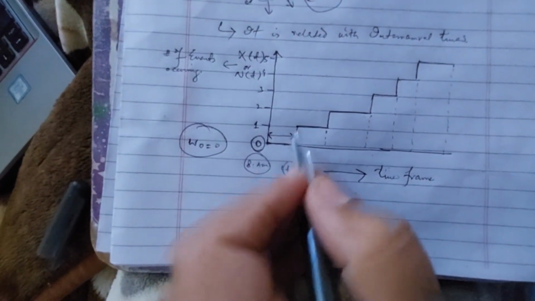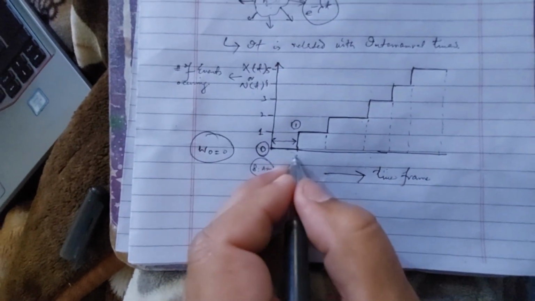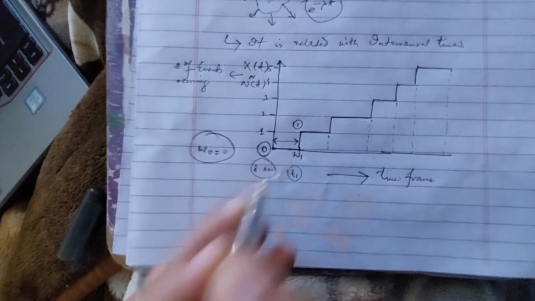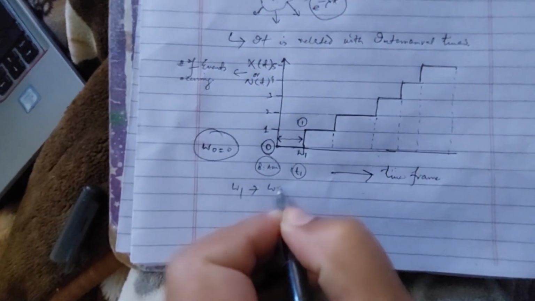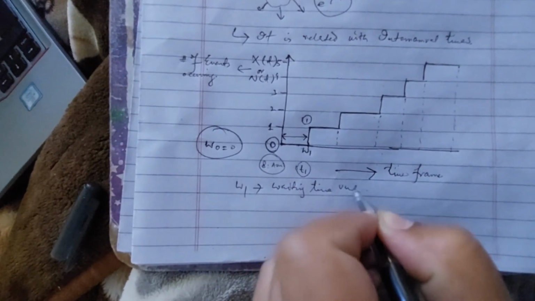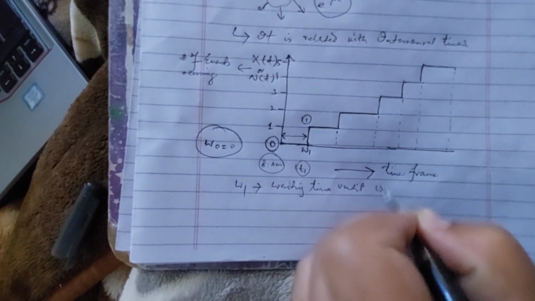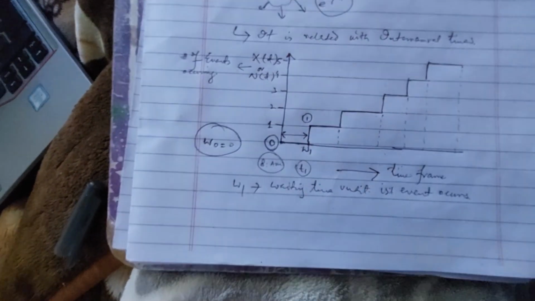Here the first event is occurring at this point, so this is W1, the waiting time until the first event occurs.